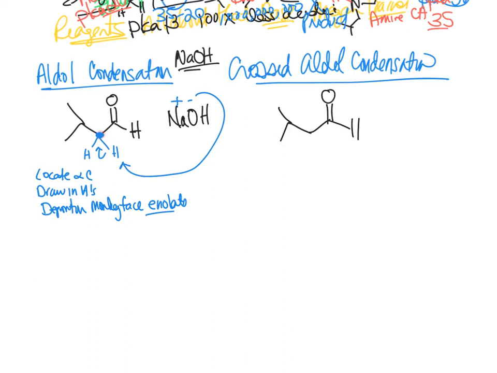just draw the same. You draw the enolate, redraw, and then add monkey face to the alpha carbon. There you go. See, there's your lone pair. Makes a negative charge. Now, what you want to draw for the aldol is it reacts with itself.